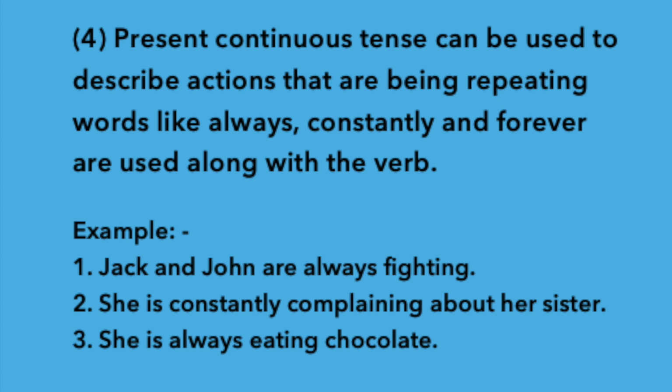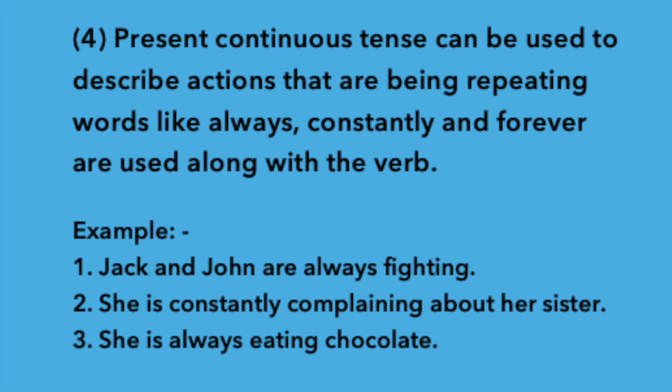We can understand from the above sentences that the present continuous tense is used to emphasize the frequency of an action by using the words always, constantly, forever. It shows more often. She is always eating chocolate. So here the present continuous tense emphasizes the frequency of an action.